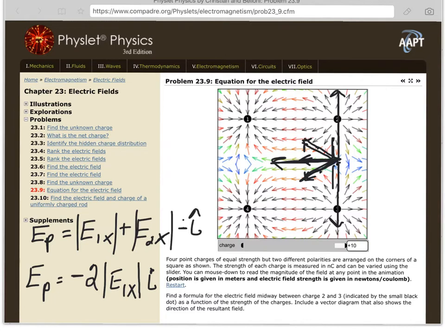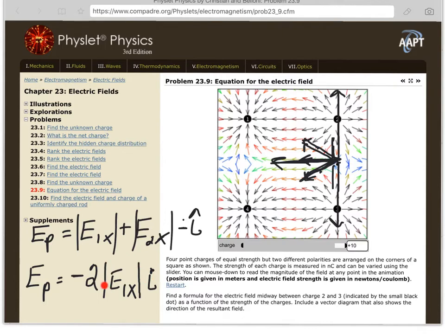So the only thing that ends up contributing to the field at point P, when I add all those vectors together, are the two x components of, oh, that should be 4, E1x and E4x, and they're in the negative i hat direction for this arrangement. And so I could rewrite it as that the total field is 2, because these are equal, times either one. So I'm taking the E1x, putting the negative there, and it's in the i hat direction.